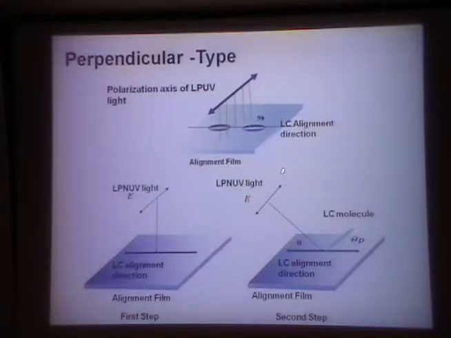And by applying an oblique irradiation, then that can break the symmetry between left and right. So this type of material was historically the first type of material developed for photoalignment.